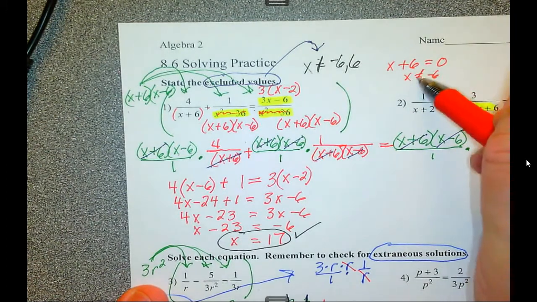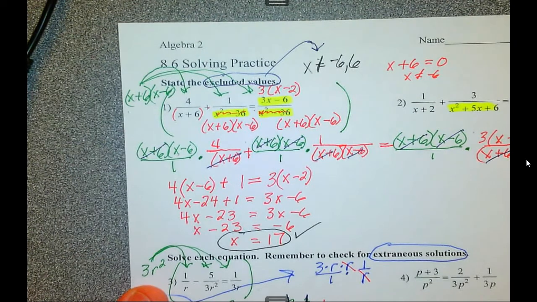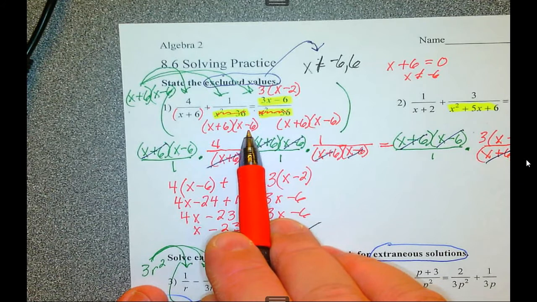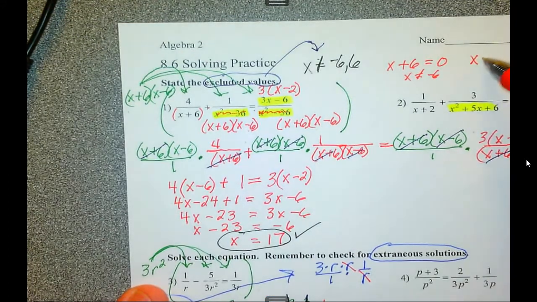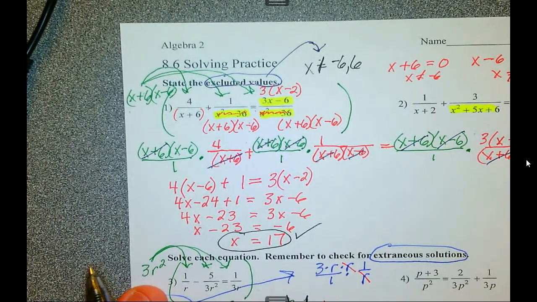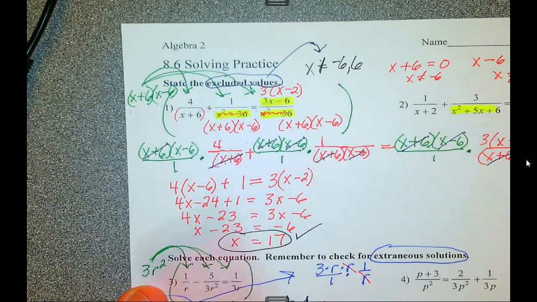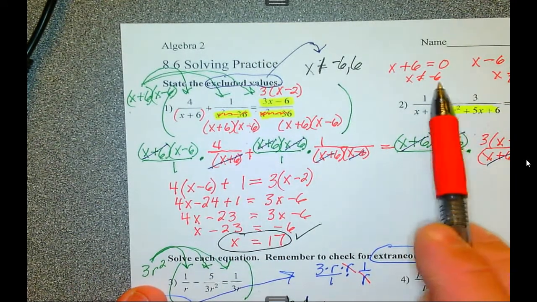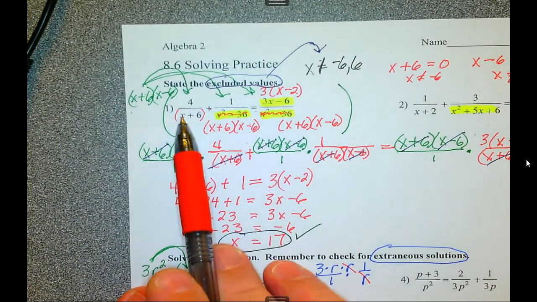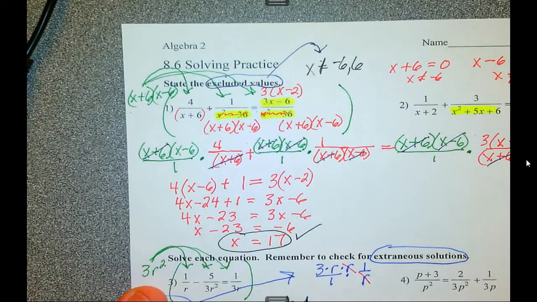So, it cannot equal -6. Okay? And the other one, I have an x minus 6. So x minus 6 cannot equal 0. If I set it equal to 0 and solve for x, so x cannot equal +6 either, because it would make this 0. That makes sense? I can't have 0 in the denominator. And the numbers that would make it 0 is -6 and 6. Because -6 plus 6 is 0.